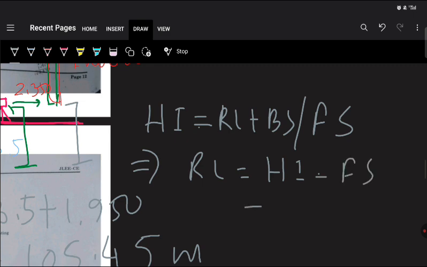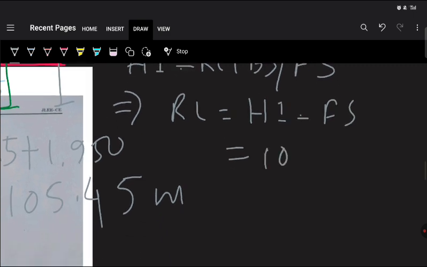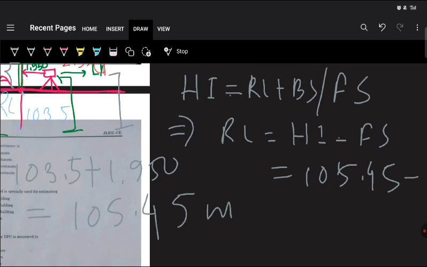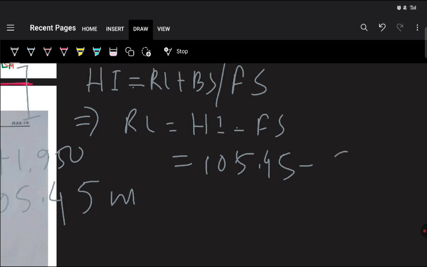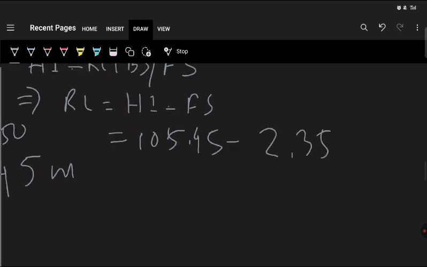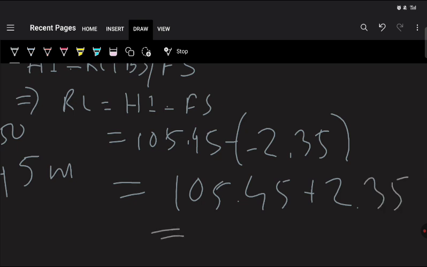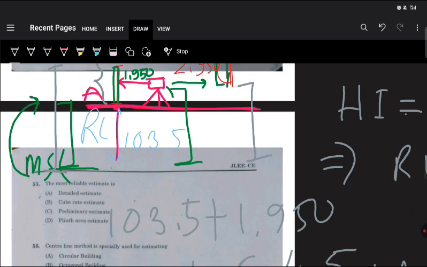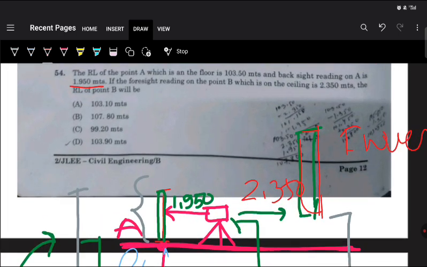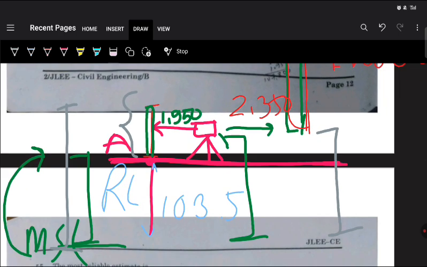Height of instrument is 105.45 minus foresight. The foresight of the ceiling is 2.350, but here the staff is inverted, so minus 2.350 becomes plus. So 105.45 plus 2.350 is 107.8 meter. Option B is the right answer. Understood?